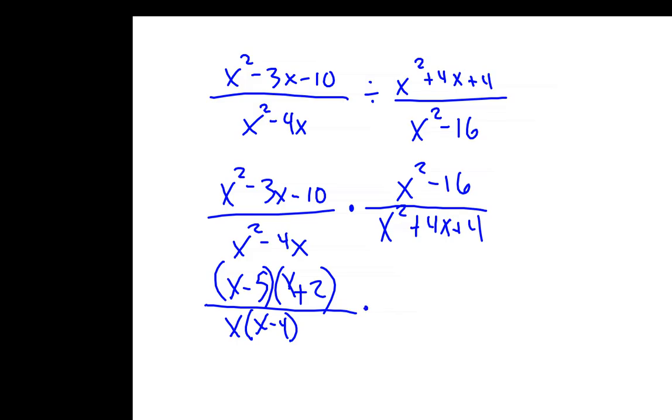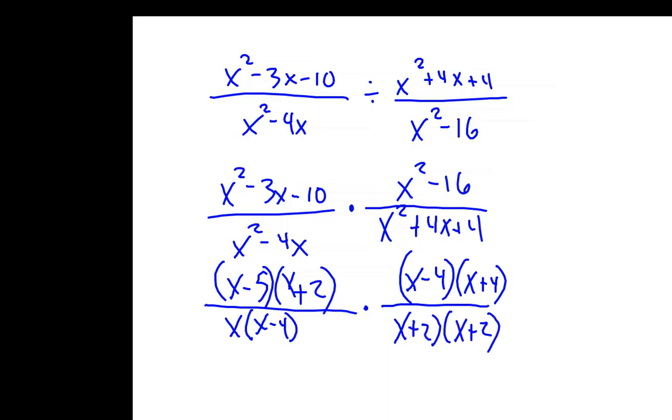How about the numerator of the second fraction? Good. Conjugates, x minus 4 and x plus 4. And how about the denominator of the second fraction? Factors. Yep, x plus 2 and itself.